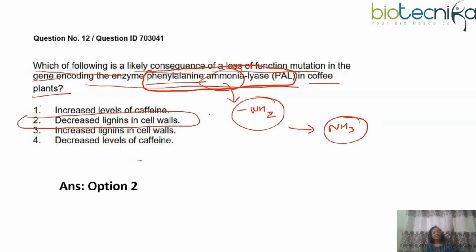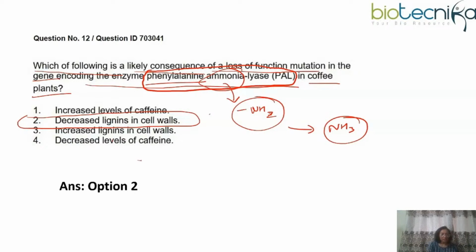There will be a decrease in the lignin deposition in the cell wall, because you have either knocked out or generated a loss of function mutation in the gene which codes for this enzyme. So this enzyme is involved in development of lignins and flavonoids and the phenylpropanoid pathway. So because of that, there is a decrease in the amount of lignins.